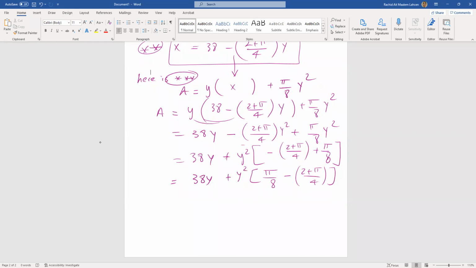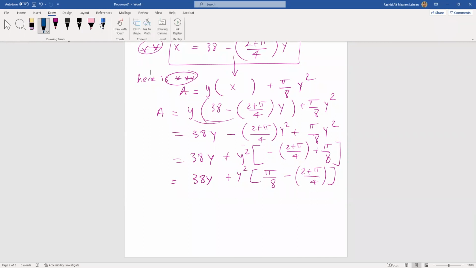Yeah, so now you see I need a common denominator, I need a 2 to have an 8, but this minus is going to be distributed, so that's going to affect all this stuff, right?